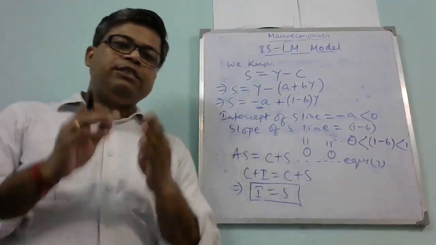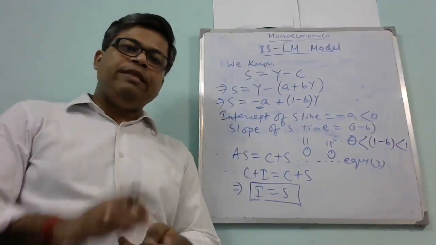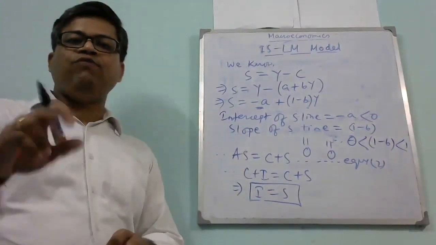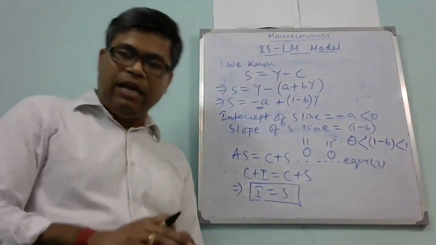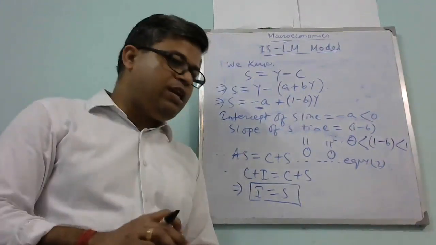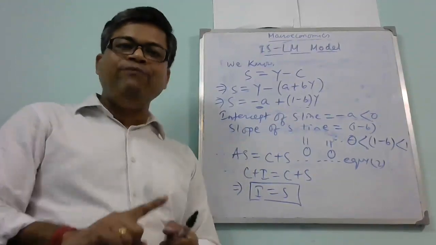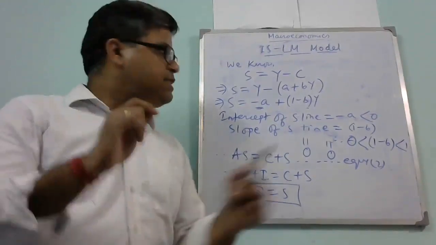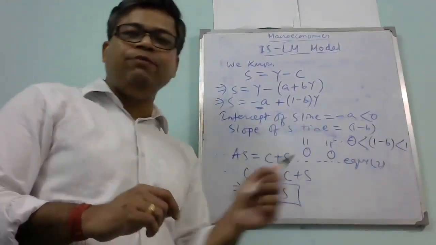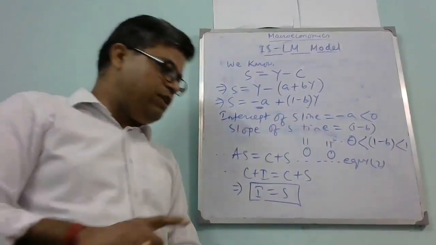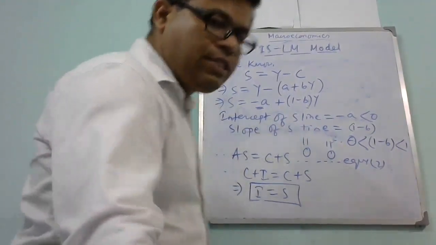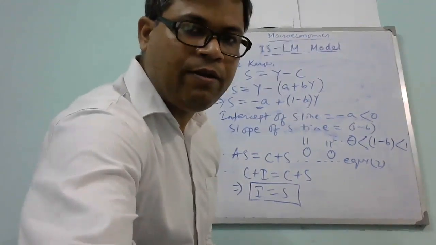That means the slope of the savings line will be upward sloping but flatter than the 45-degree line. Why flatter than the 45-degree line? Because it is less than 1. As we know, tan 45 degrees is equal to 1. Since the slope here is less than 1, it is flatter than the 45-degree line. This is the slope.